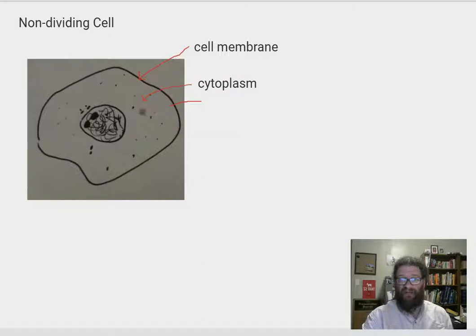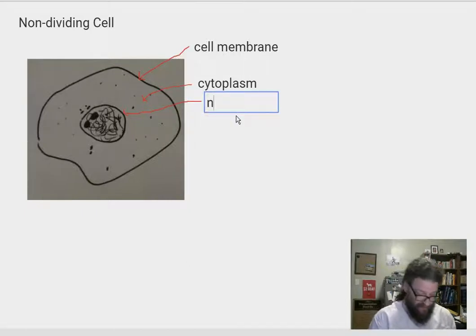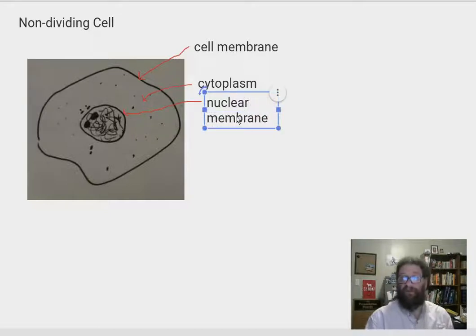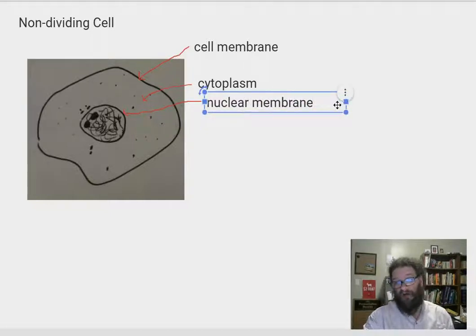Because we need to tell the difference when we're labeling this outer envelope, the membrane there, better known as the nuclear membrane. Sometimes it's called the nuclear envelope, and that's going to be the boundary of the nucleus. It's going to contain the genetic material, the DNA.